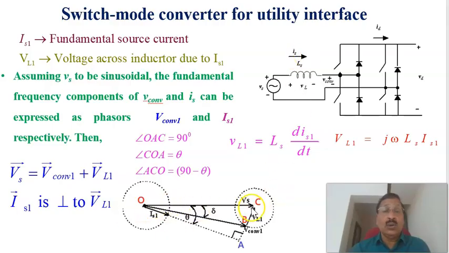Therefore, Vs is the phasor sum of V converter 1 and VL1.